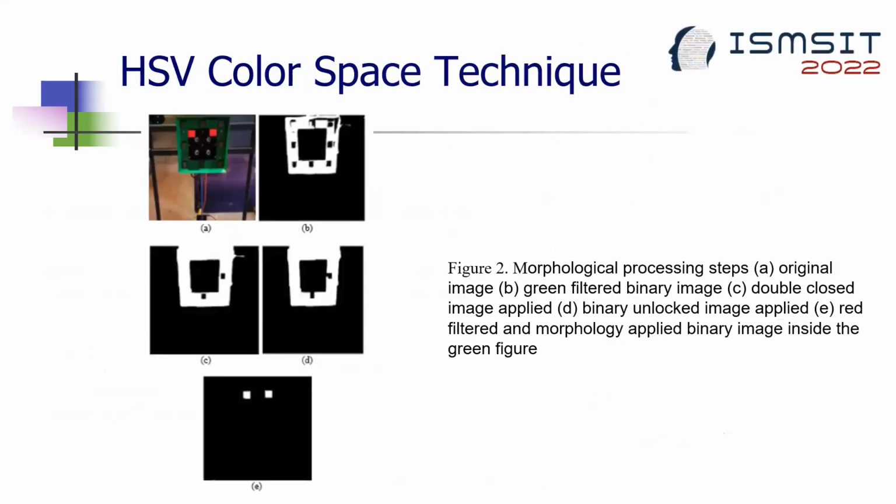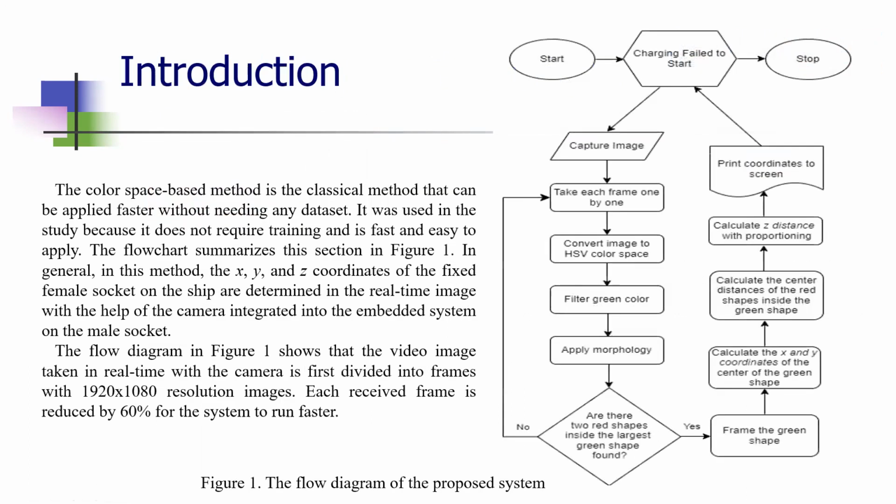We can see this from this image, which is taken from the ship. It is combined with the ship's socket and the shore. And at the shore, a male socket is combined with this charging socket, and after that we start the charging operation.